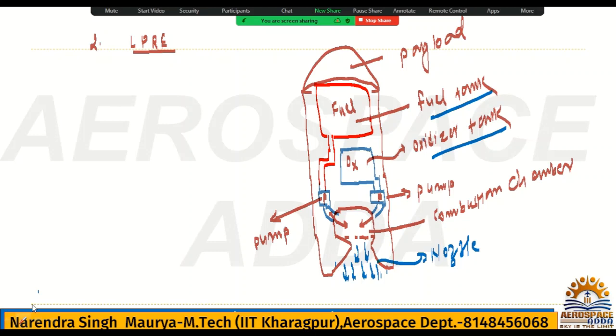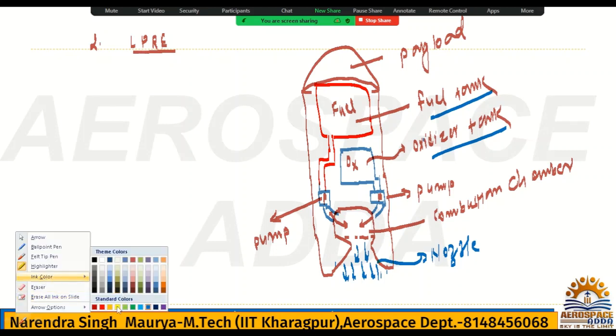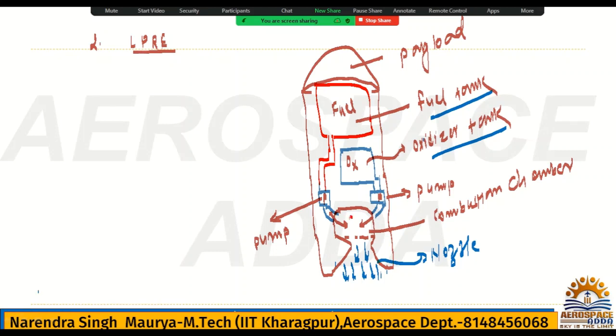In this combustion chamber we have mixing, and it is very volatile. So here it is mixing and it is burning. So this is the system. Hope you understood this. This is LPRE, the liquid propellant rocket engine. Obviously compared to solid propellant rocket engines, this will have some advantages, and obviously there will be disadvantages also.